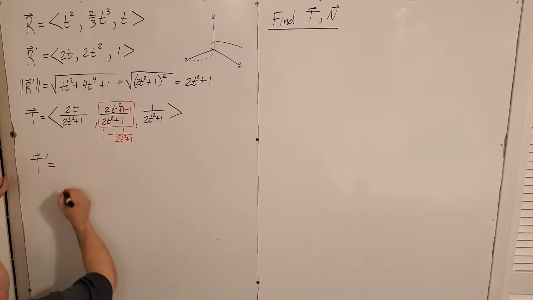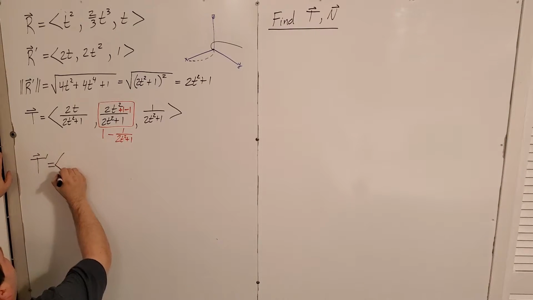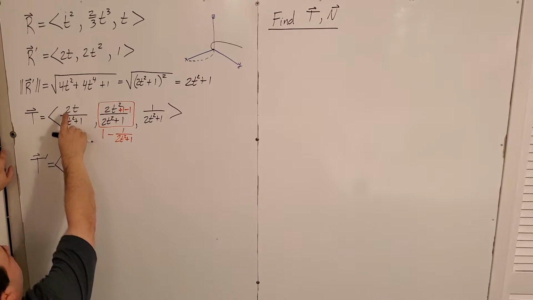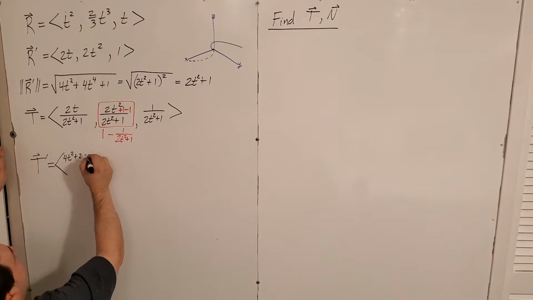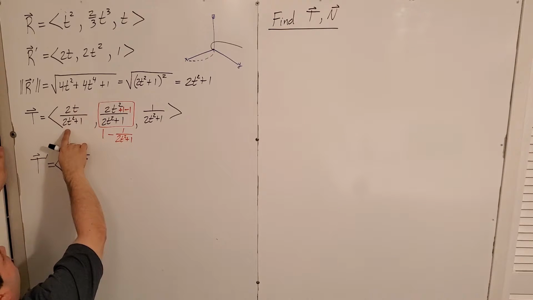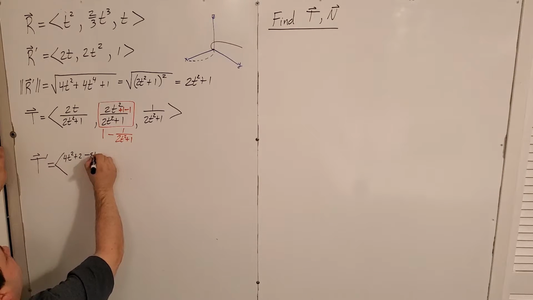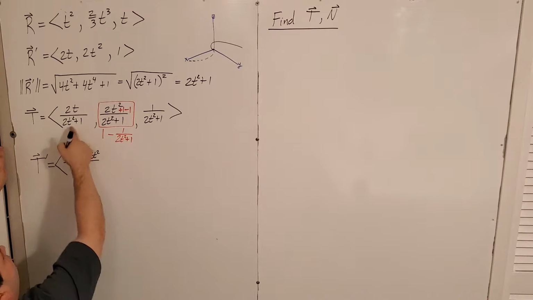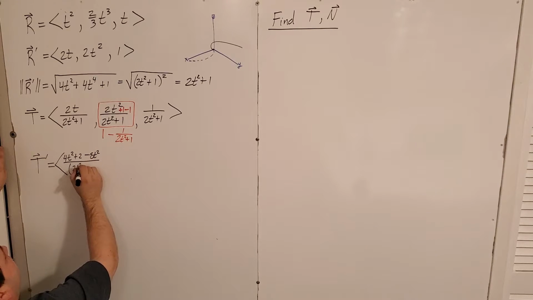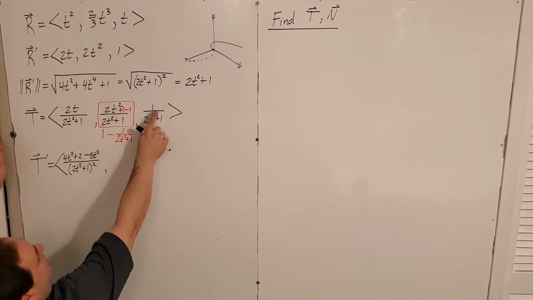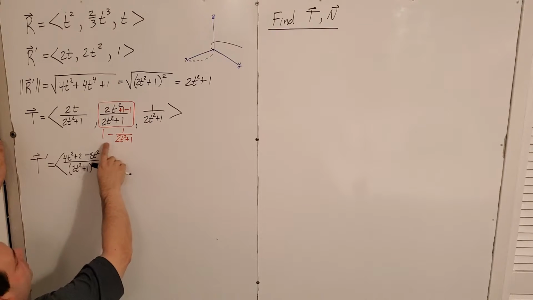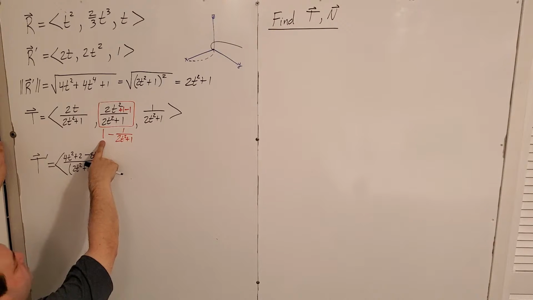Okay, so now, derivative of that, well, I'm going to need a quotient rule here, right? So low d high, that's going to give me 4t squared plus 2 minus high d low, that's 2t times 4t, 8t squared, over low squared, 2t squared plus 1 squared. Okay, next, derivative of this and this actually comes out to be very similar because the derivative of the 1 part right here is 0.